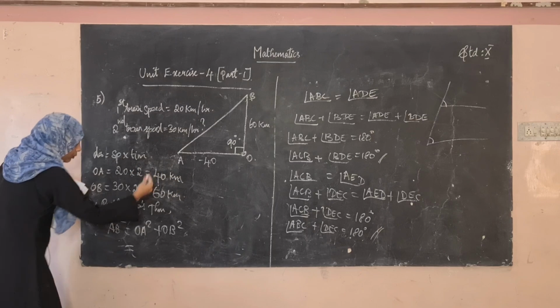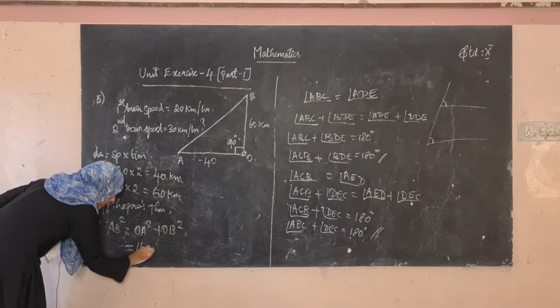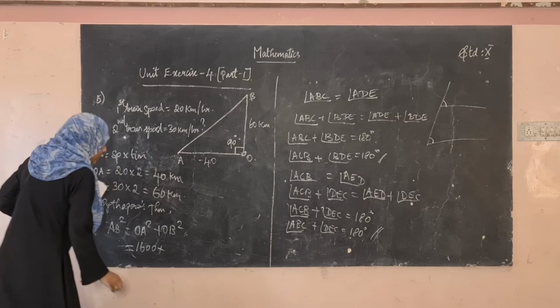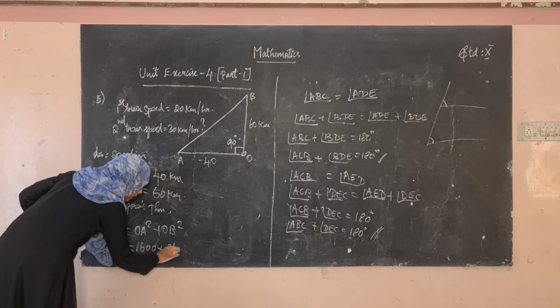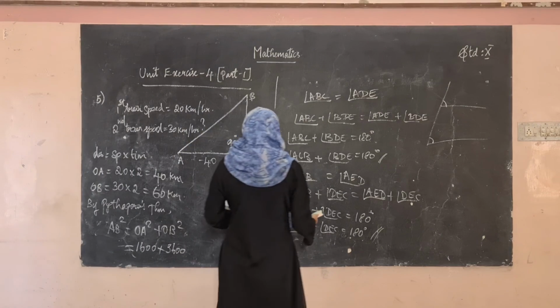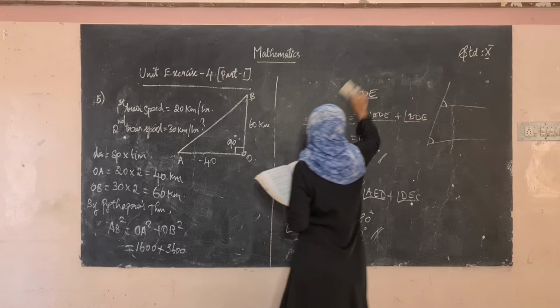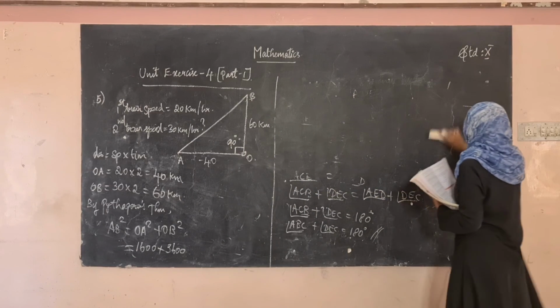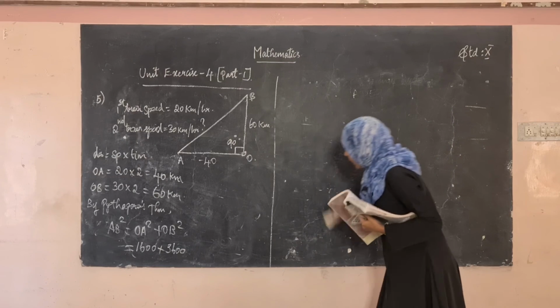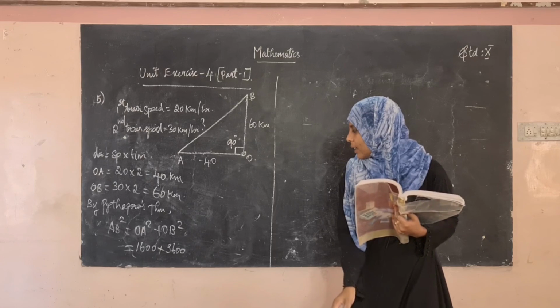OA is 40, so 40 square is 1600, plus. What is OB? OB is 60. 60 square is 3600. Now we have to solve for that. We have to find AB alone. Now we have AB square on the left hand side.